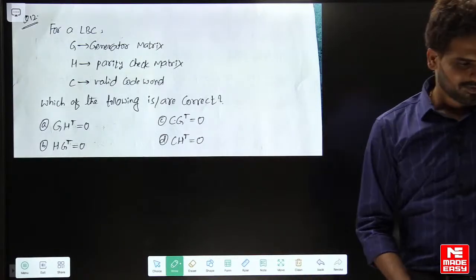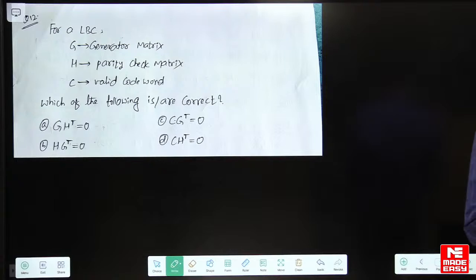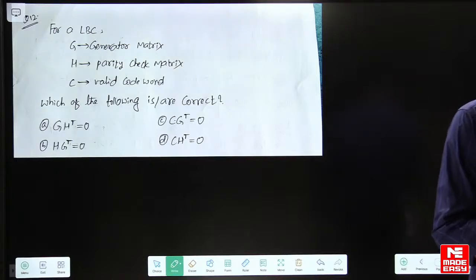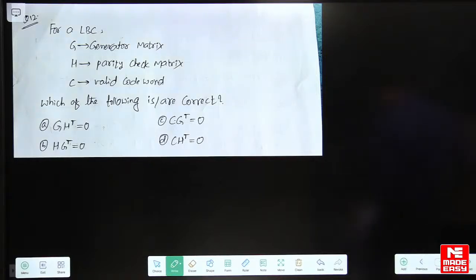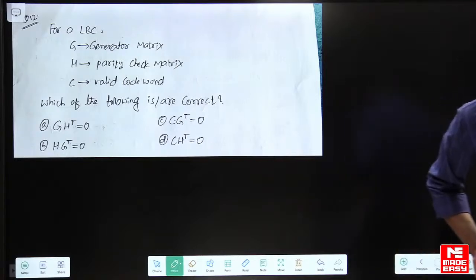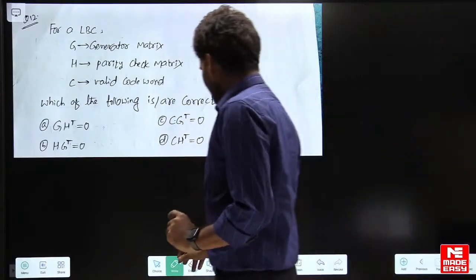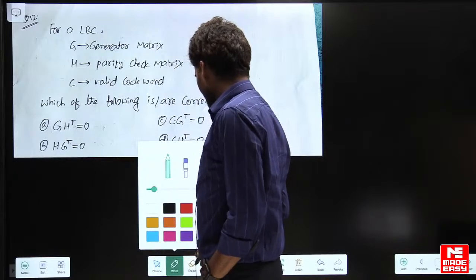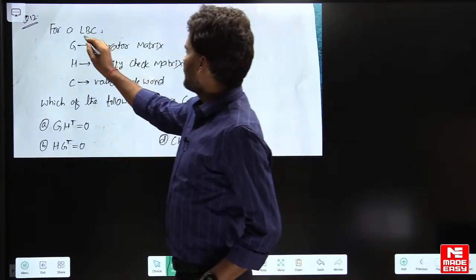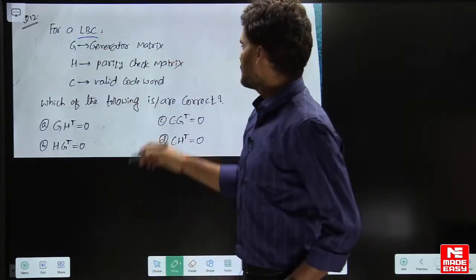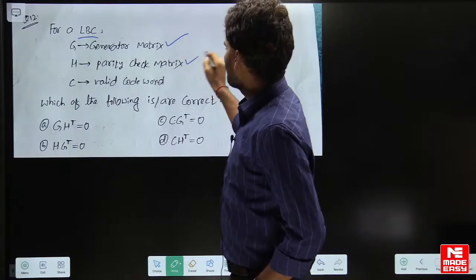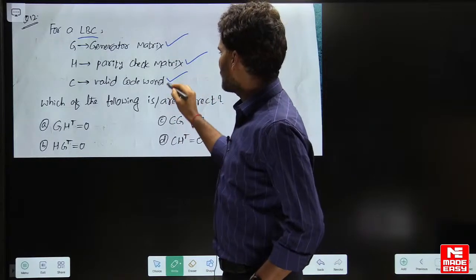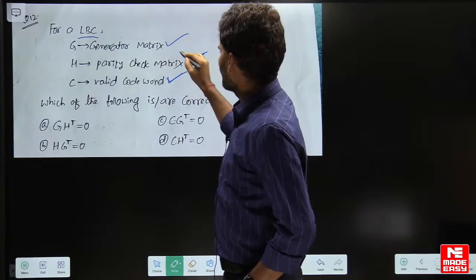Next question. I give an easy question. Try this. For an LBC, linear block code, G is the generator matrix, H is the parity check matrix, C is a valid code word.